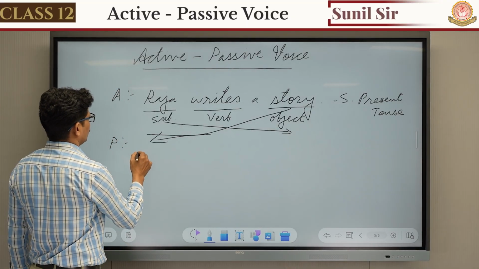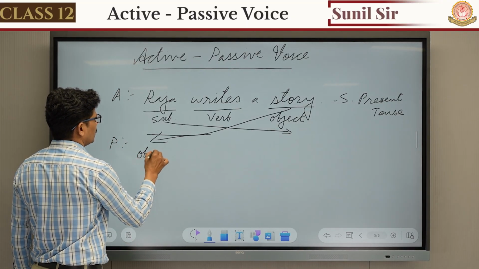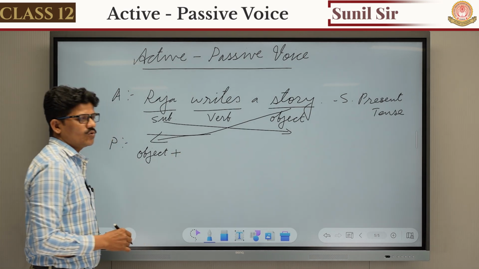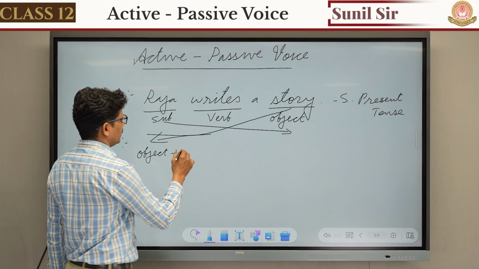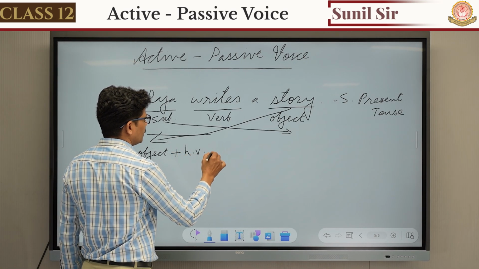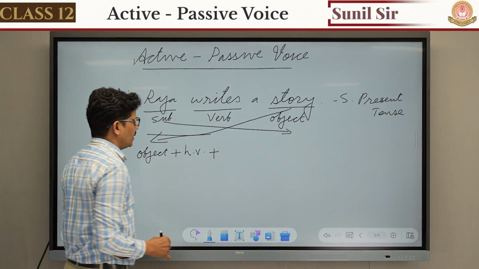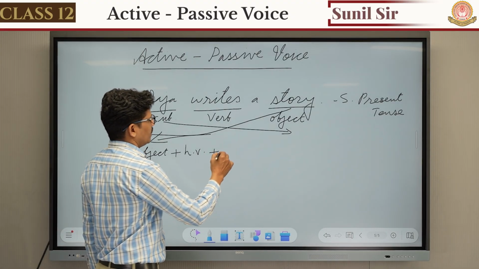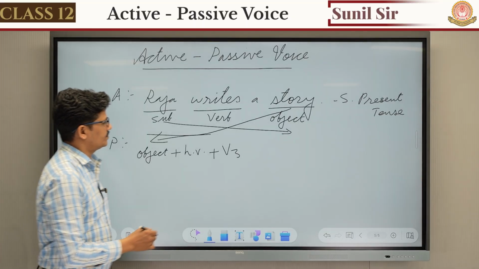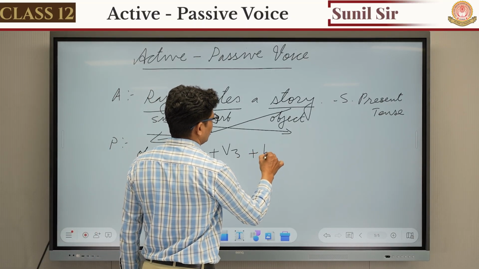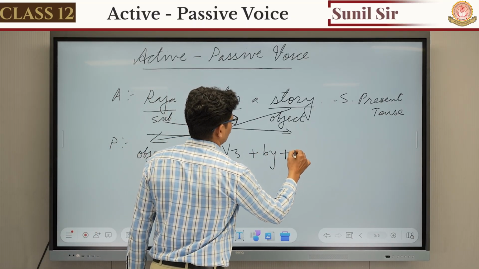So first object will come, then we have to add helping verb according to the tense. Then there will be third form of the verb, then by and subject.